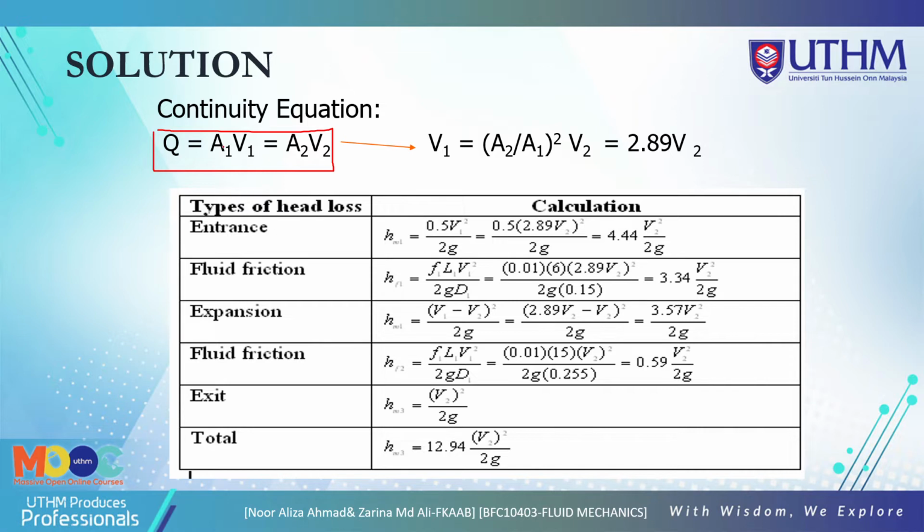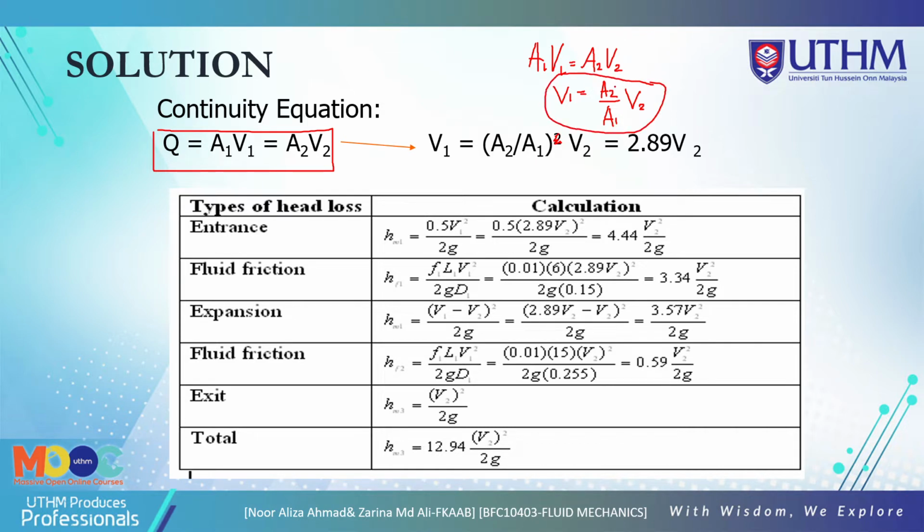So you get A1 V1 equal to A2 V2. To get V1, you get A2 over A1 times V2. So you get this formula.